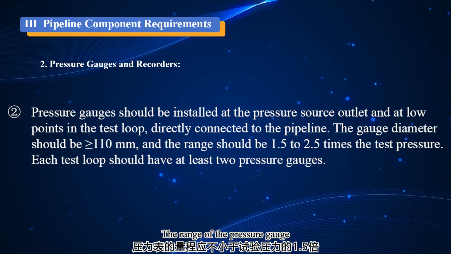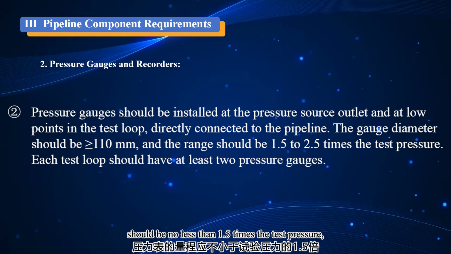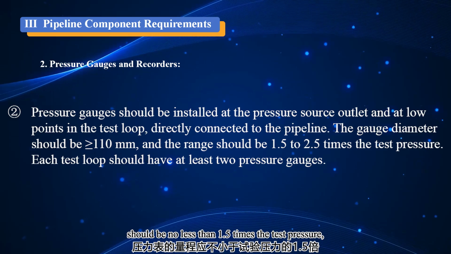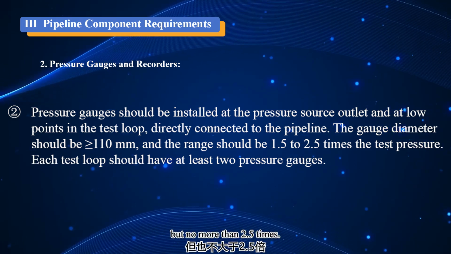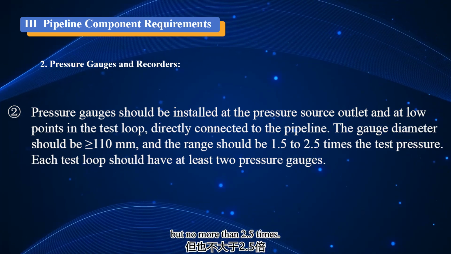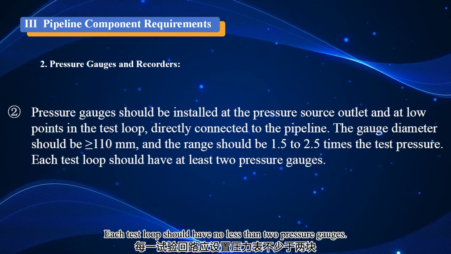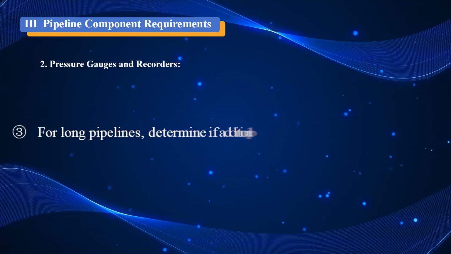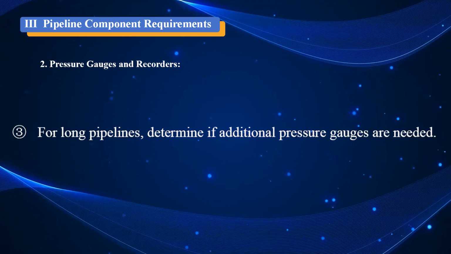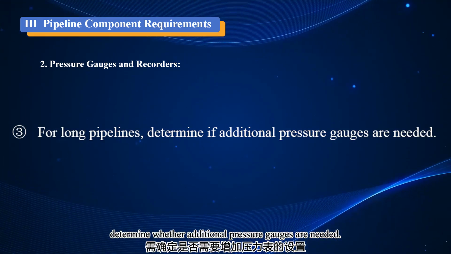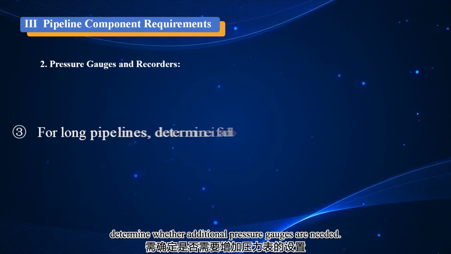The range of the pressure gauge should be no less than 1.5 times the test pressure, but no more than 2.5 times. Each test loop should have no less than 2 pressure gauges. If the test pipeline is long, determine whether additional pressure gauges are needed.